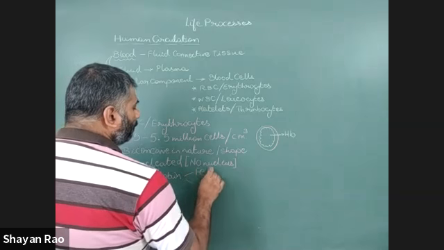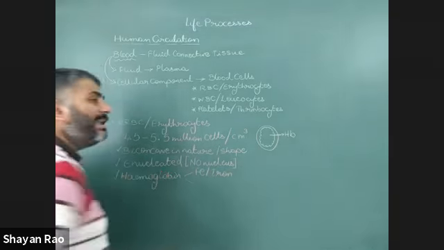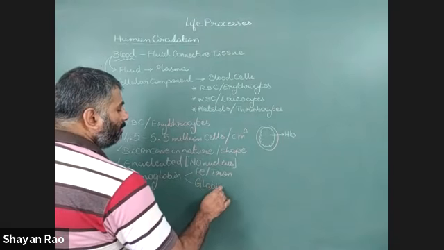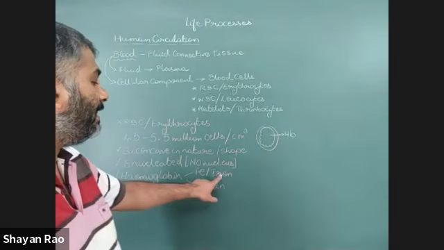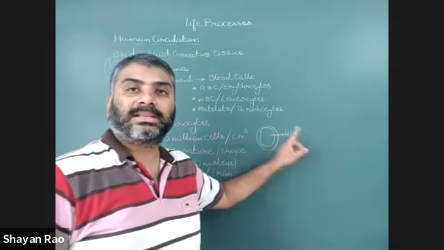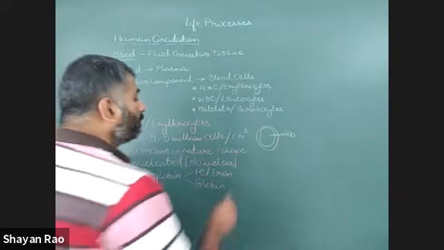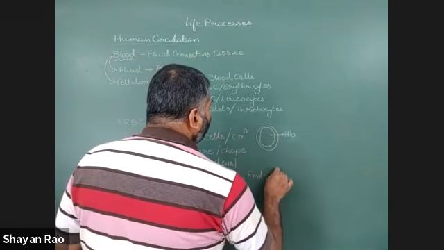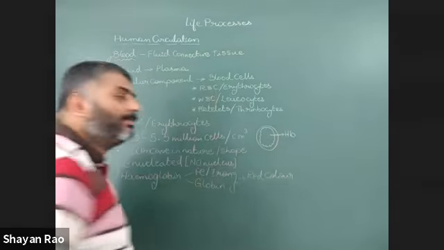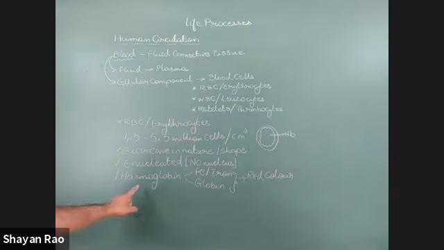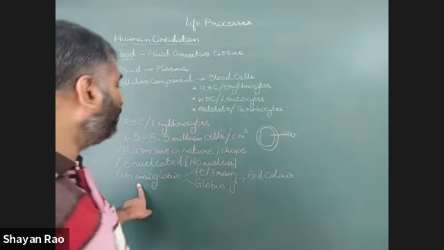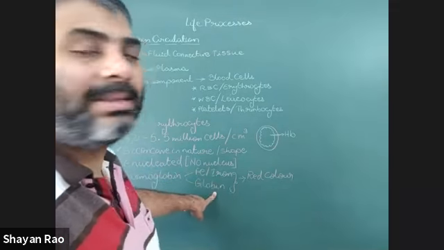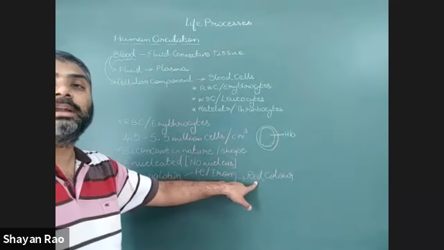One is iron, which is called the heme group, and another is globin. Globin is a protein. Iron and protein combined together become hemoglobin, which gives red color to the blood. If the blood is red in color, it's because of hemoglobin, which contains iron as the prosthetic group and globin as the protein group.